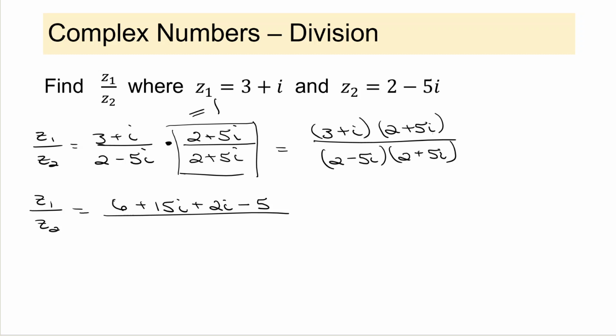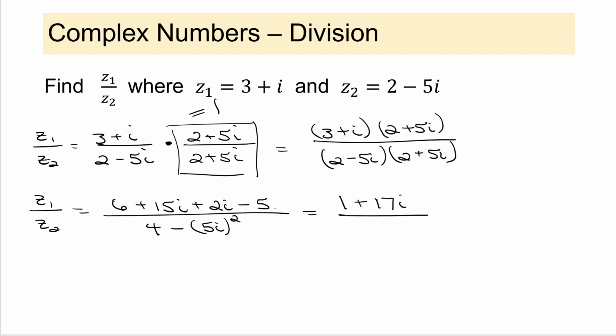All right, let's talk about the denominator. So we know that these middle terms are going to cancel out. So I've got 2 times 2 is 4, minus, and then I've got 5i squared. So in the numerator, 6 minus 5 is 1, and 15i plus 2i is 17i.